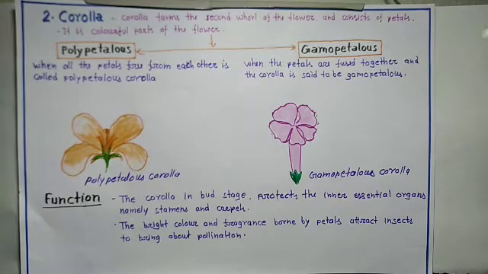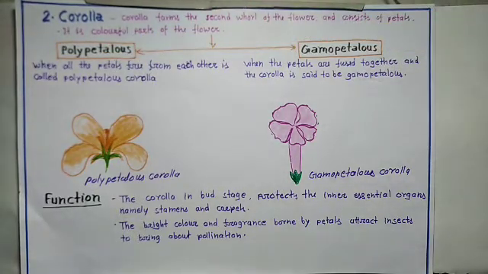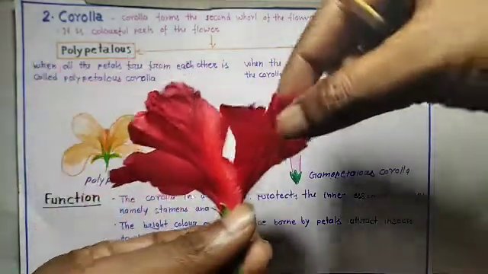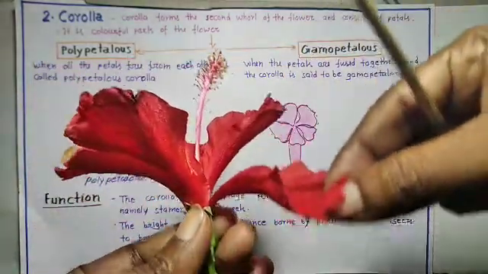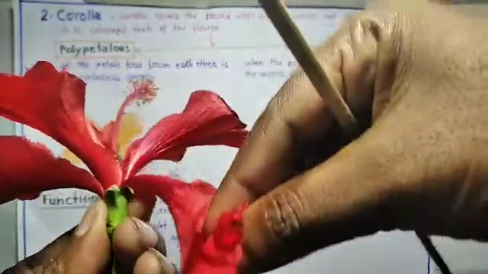Now there are two types of corolla. First is polypetalous and second is gamopetalous. First of all, what is polypetalous? When all the petals are free from each other, it is called polypetalous corolla. Example here. You can see all the petals are free from each other, not connected to each other.